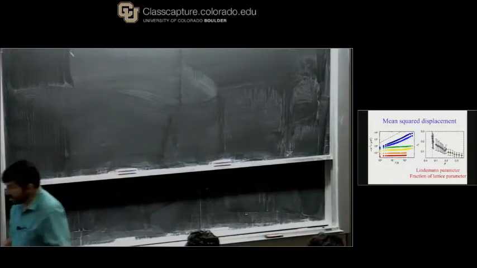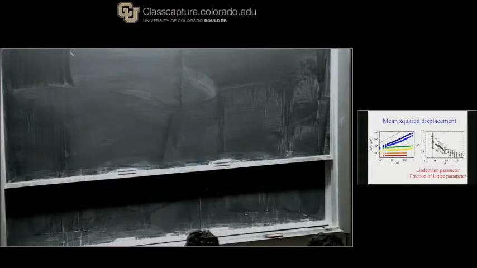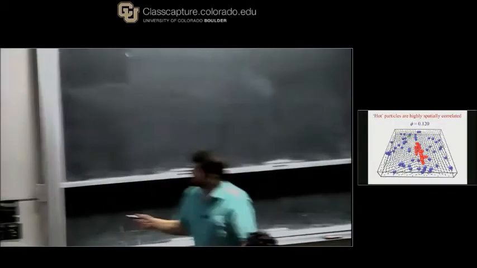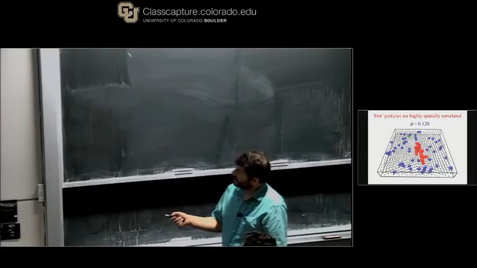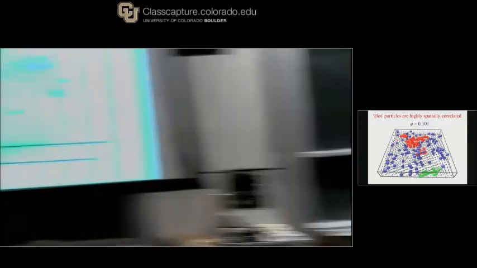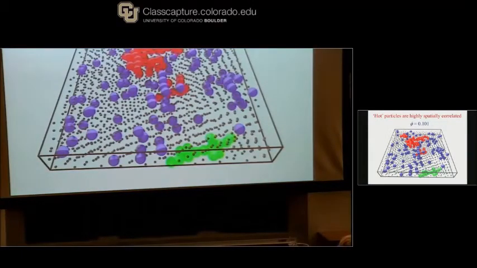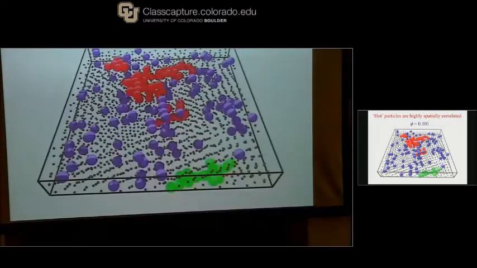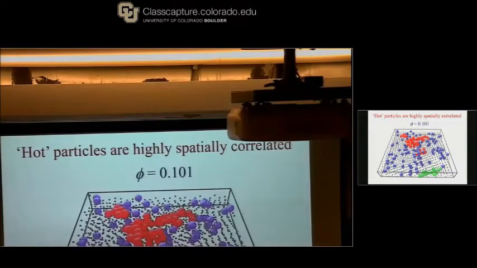There's a distribution. So if you plot those particles with Lindemann parameters greater than the melting, you see that as the volume fraction gets closer and closer to melting, the number of particles that are even hotter, so they're essentially melted, they're still sitting on the lattice, but they're just fluctuating more and more and more.